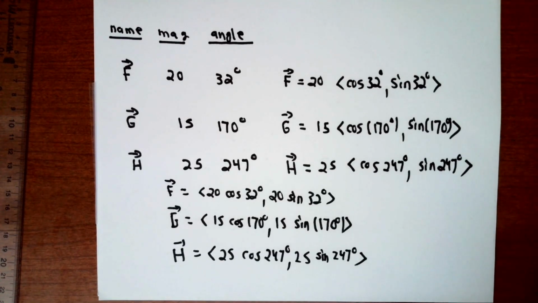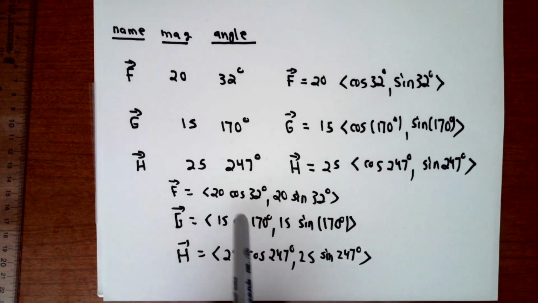We're wanting to find F plus G plus H. The way we add vectors together is that we add corresponding components. So the first component of F plus G plus H is going to be this number plus that number plus that number.